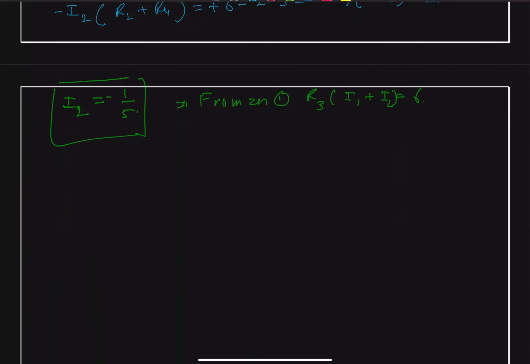So we get from here I1 plus I2 is equal to 6 upon 2, which comes as 3. And I2 we found out is minus 1 upon 5. So we can say I1 will be equal to 3 minus I2. We substitute the value, we get I1 is equal to 3 plus 1 upon 5, and this will be coming as 16 upon 5.